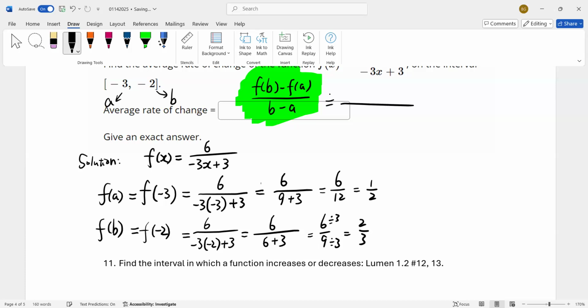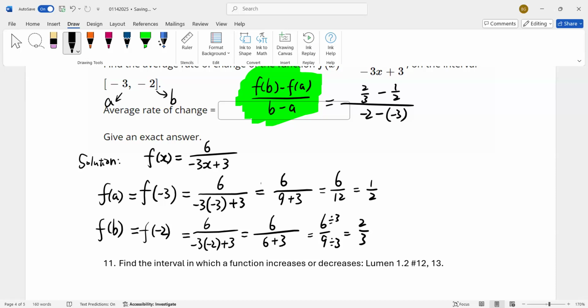So f of b, 2/3, minus f of a, 1/2, all over b, -2, minus a, -3. Be very careful. We will need to subtract a negative number. You must use a parenthesis to frame the negative number. Otherwise, it's very likely to make a mistake.